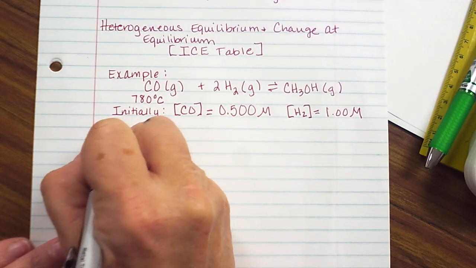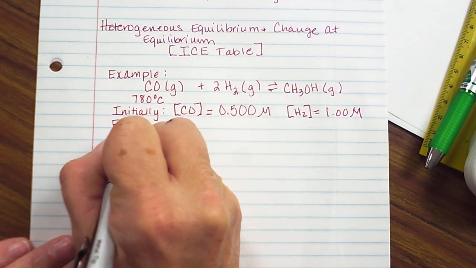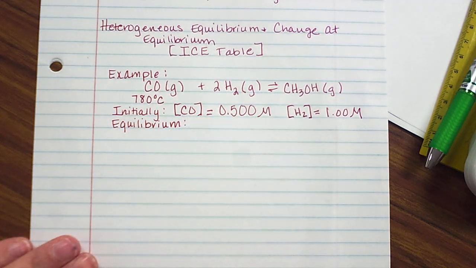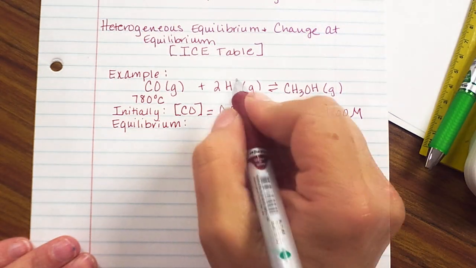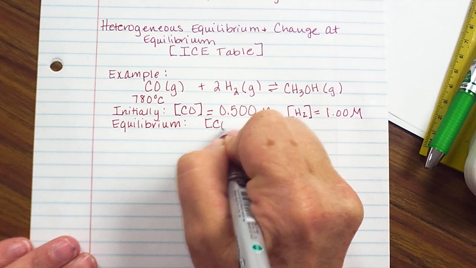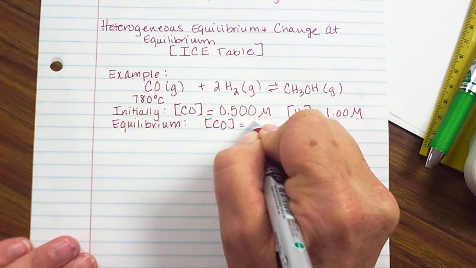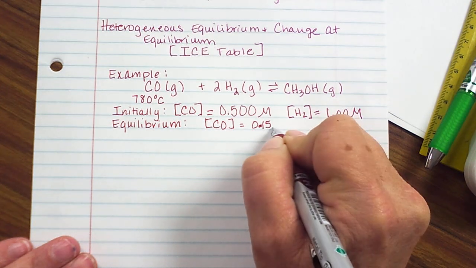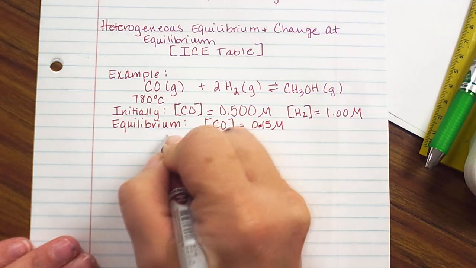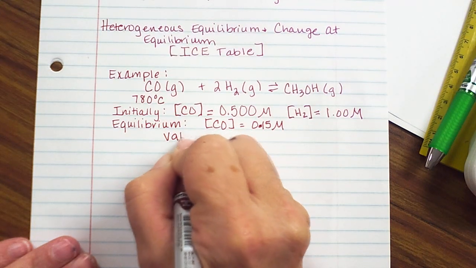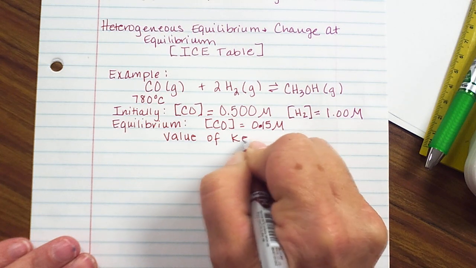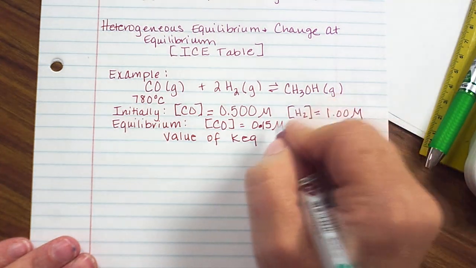At equilibrium, and eventually you get to abbreviate all of this, but for right now, let's just lay it all out so that we know what we're talking about. Our carbon monoxide concentration is equal to 0.15 molarity. The question is, what is the value of the KEQ at equilibrium?